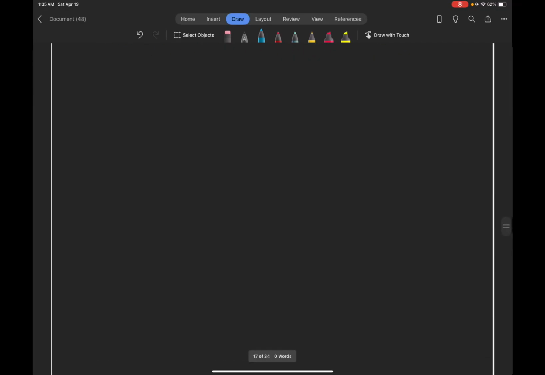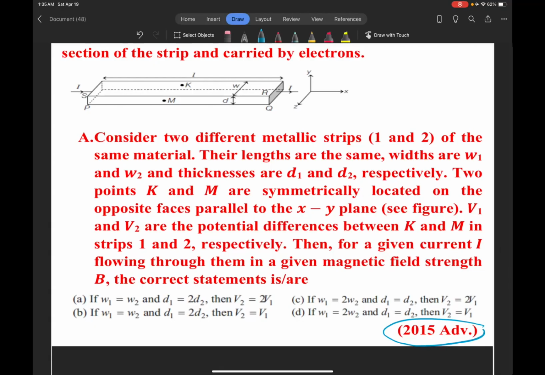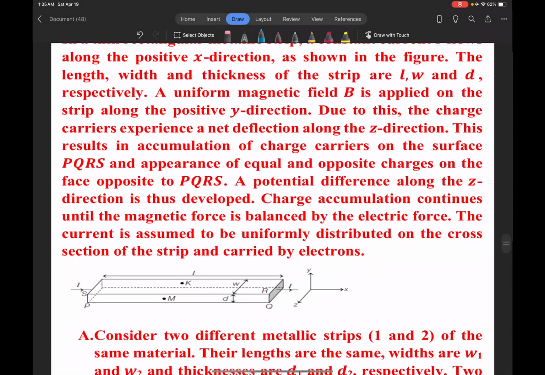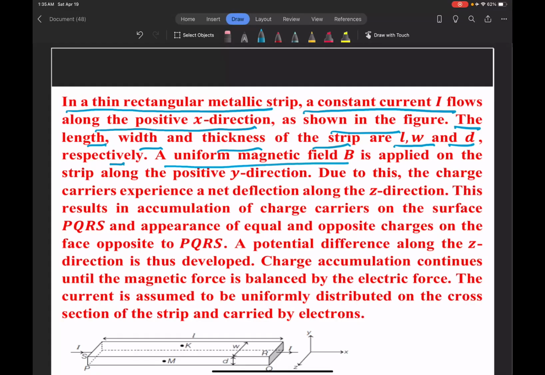Now we come to the next question. This question was asked in JEE Advanced 2015, and the description of this question is quite lengthy, but the solution is quite short. It says that in a thin rectangular metallic strip, a constant current I flows along the positive x direction as shown in the figure. The length, width and thickness of the strip are L, W and D respectively. A uniform magnetic field B is applied on the strip along the positive y direction.